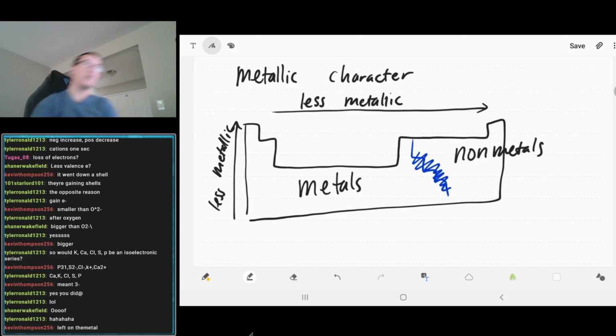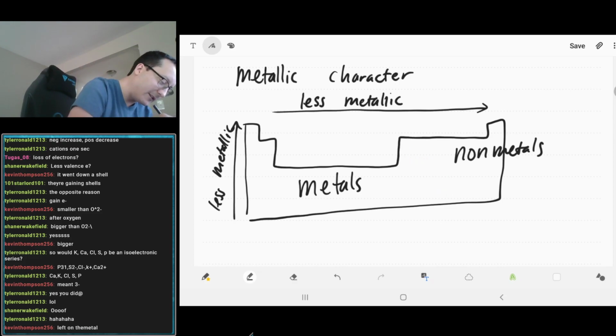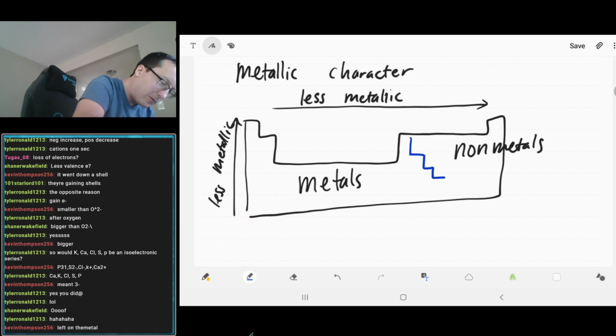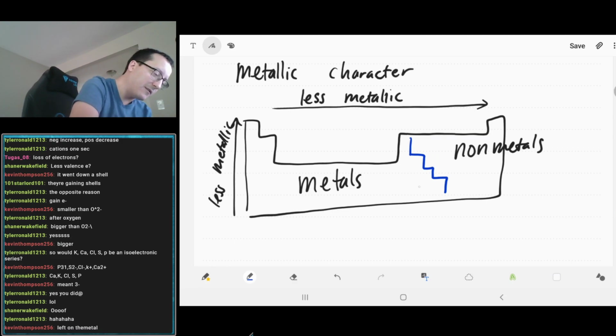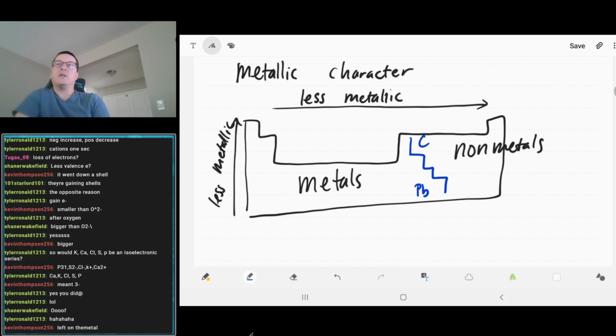Just from knowing where our metals and non-metals are on the periodic table, we can already kind of see that. Here, I can redraw our little step ladder thing. Whatever. We can see that as we go up, for example, we have lead down here, carbon up there.